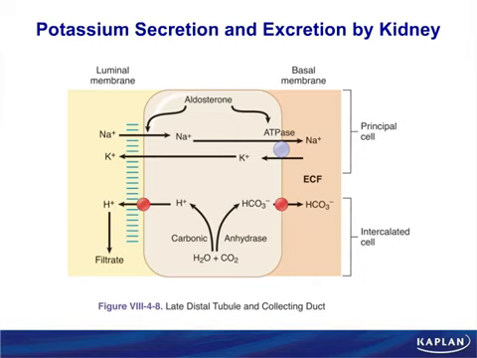Now, one important thing to note is that in the setting of hyperkalemia, potassium is still reabsorbed in the early tubules. So in the proximal tubules, and the thick ascending loop of Henle, you still reabsorb potassium, but then you secrete extra potassium here in the collecting ducts under the action of aldosterone. And this is how the kidneys control potassium in high potassium settings.